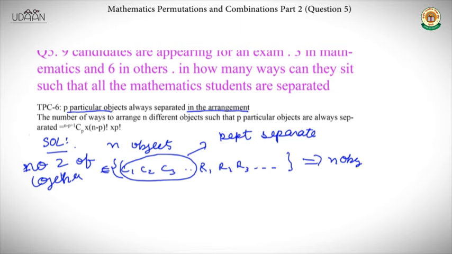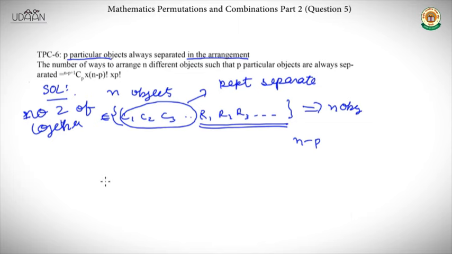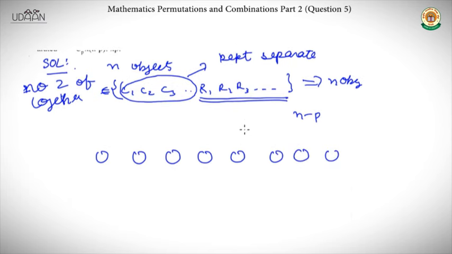Now let's consider the remaining n minus p objects and arrange them. The number of ways to arrange these n minus p objects is (n minus p) factorial.